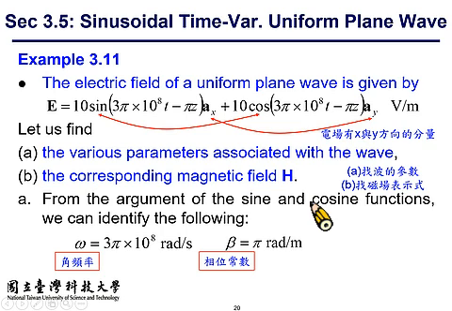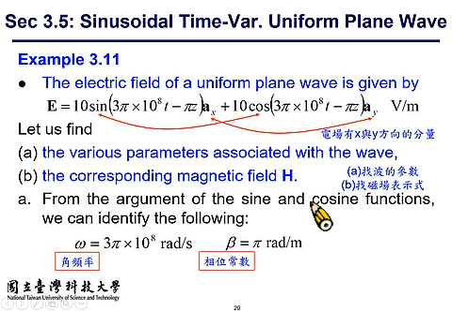And this is one of the critical criteria you should have for circular polarization. That is, the two orthogonal components have a 90-degree phase difference, which is satisfied in this case.